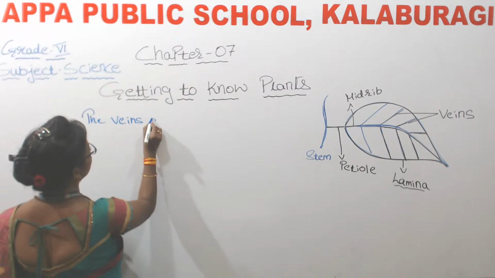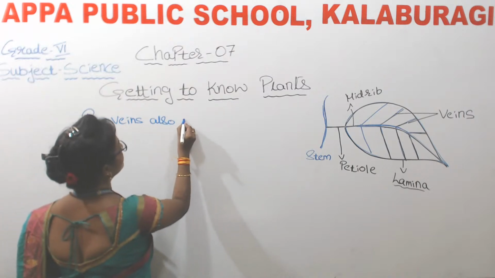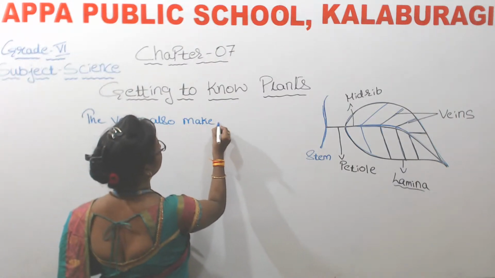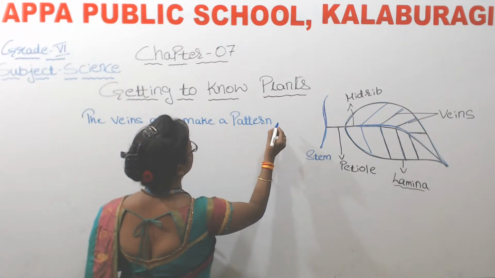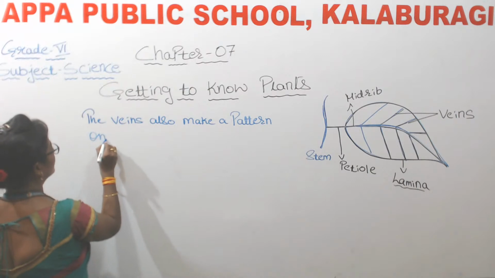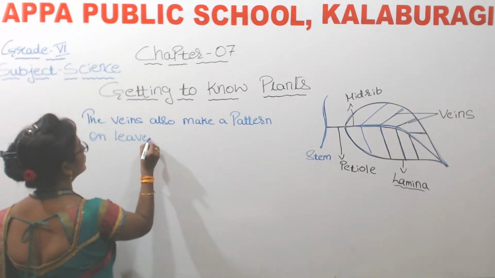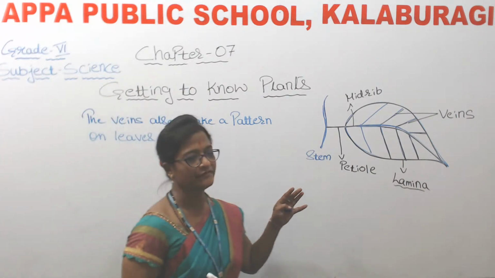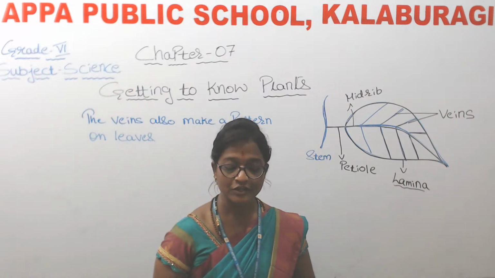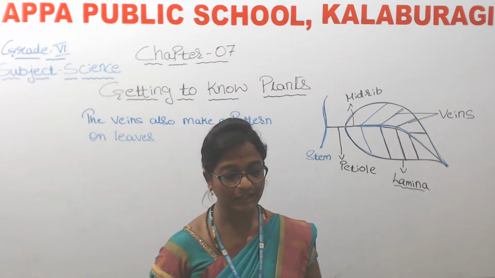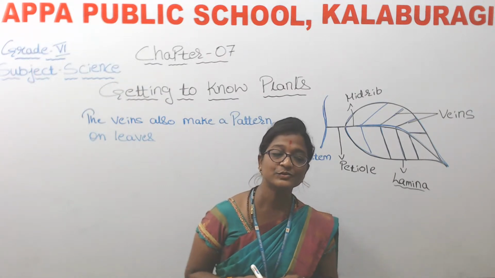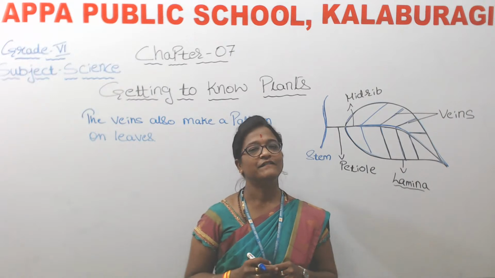The veins also make a pattern on leaves. So the veins which are present on the leaves also make a pattern on the leaf, and that is known as leaf venation.